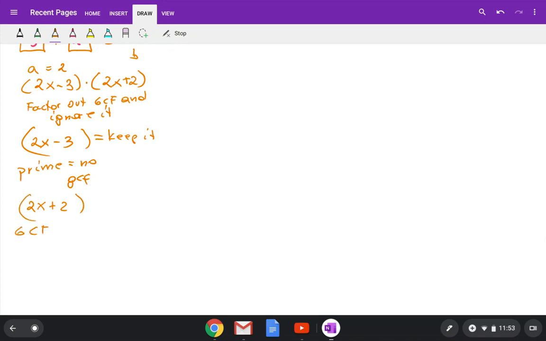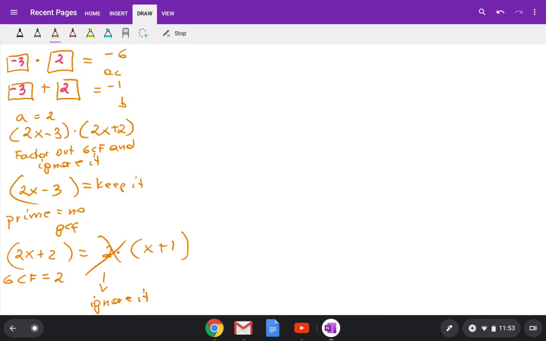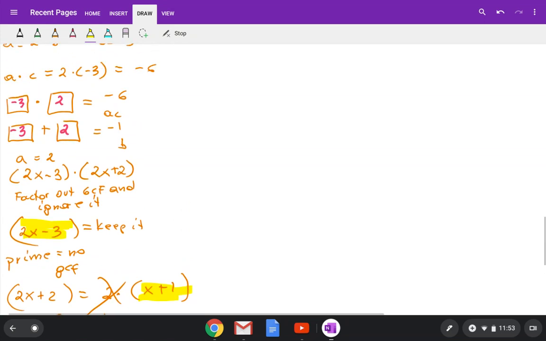The GCF is equal to 2, so we're going to factor 2 out, and that will give us just x plus 1, and we're going to ignore the 2. So we only keep x plus 1 and 2x minus 3.